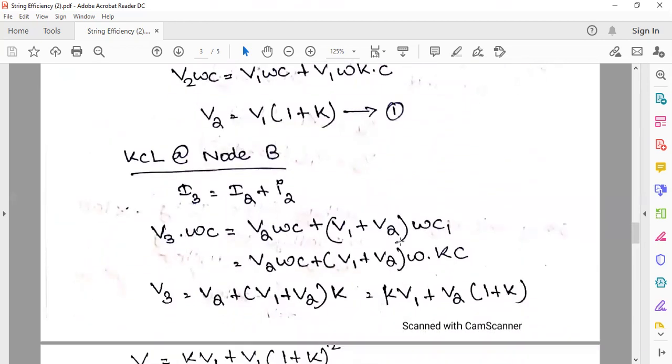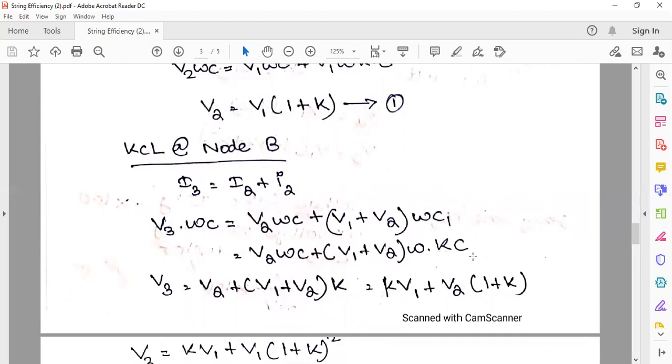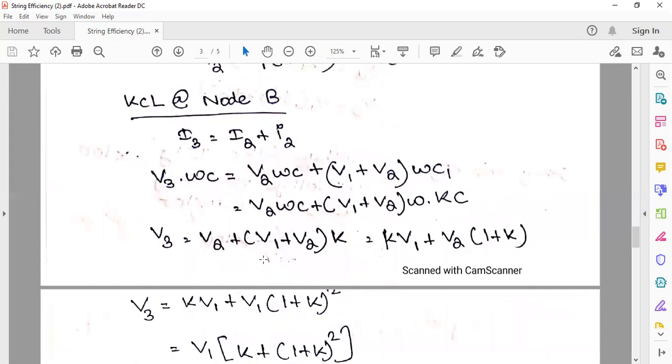So (V1 plus V2) into omega C1, and C1 is equal to K into C, as we have considered. Substituting, we get V3 equal to V2 plus (V1 plus V2) into K, which is K V1 plus V2 into (1 plus K).